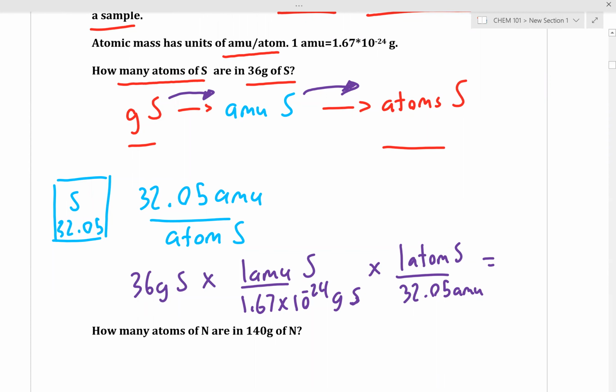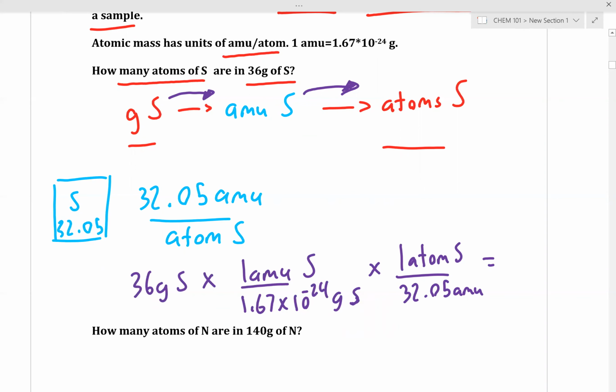We're going to break out our calculators and punch in 36 divided by parentheses. Everyone following so far on their calculator? And then 1.67 EE negative 24. So we've entered the first portion of this string.